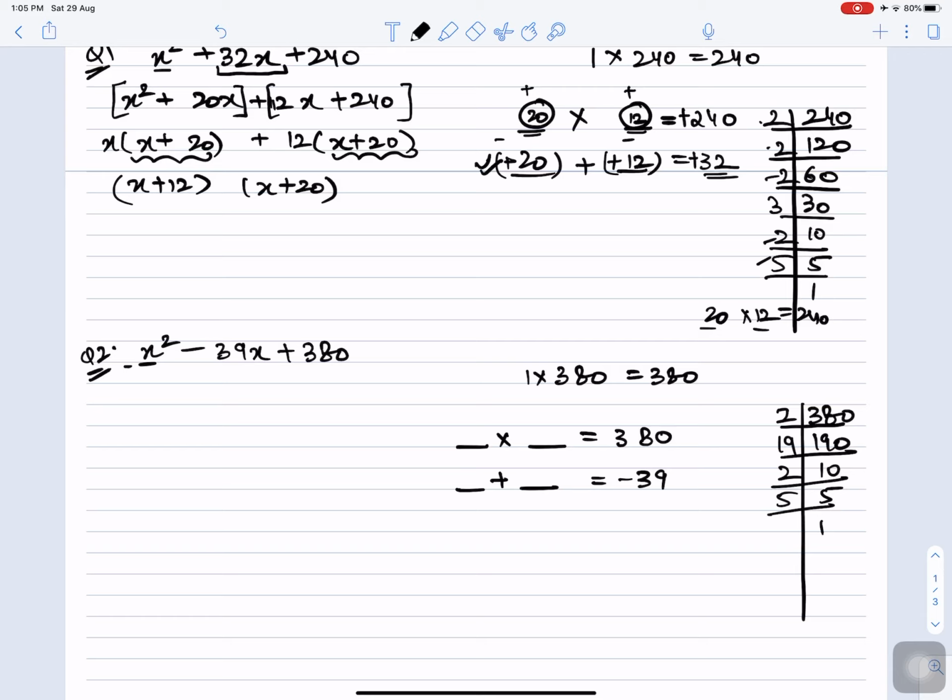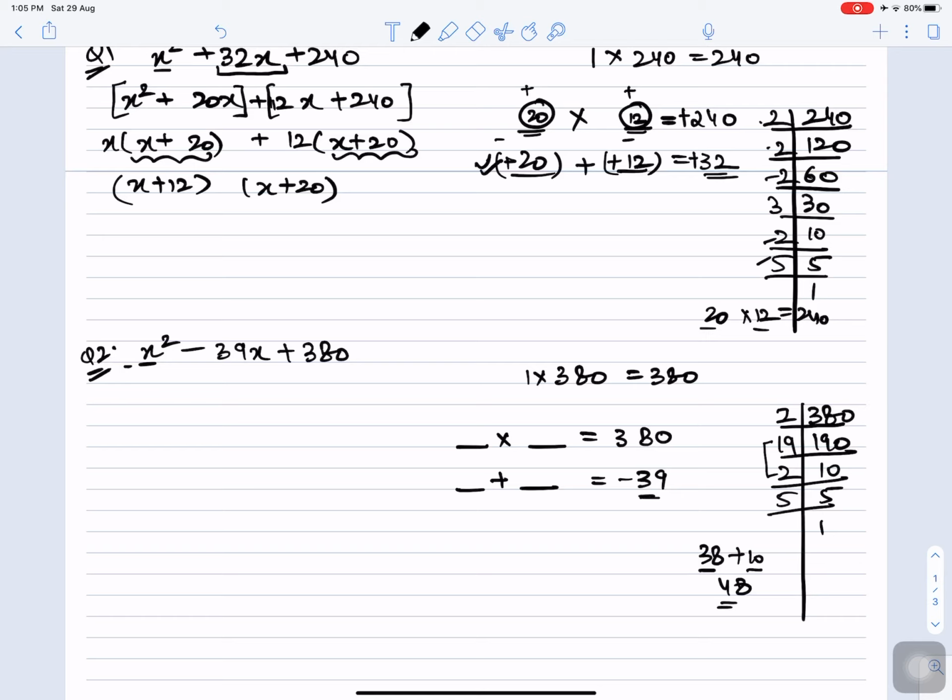Okay. Now what we have to do? We have to check whether it's possible for me to add the numbers or not. Now see, 19 to the 38, 38 plus 10 comes out to be 48. And when we multiply 38 and 10, we get 380. That's not the problem. The problem is we have to search for two numbers in such a way that the sum comes out to be 39.